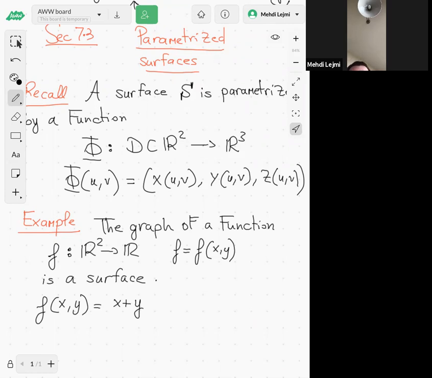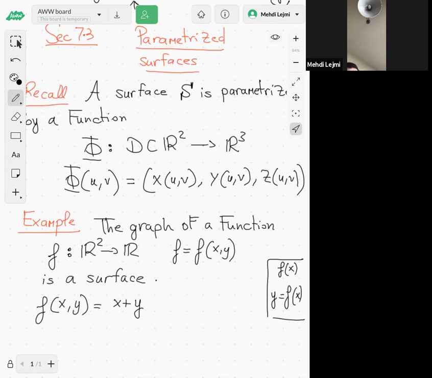If you have f of x and you want to graph it, you need another axis, the y-axis, so y would be equal to f of x.